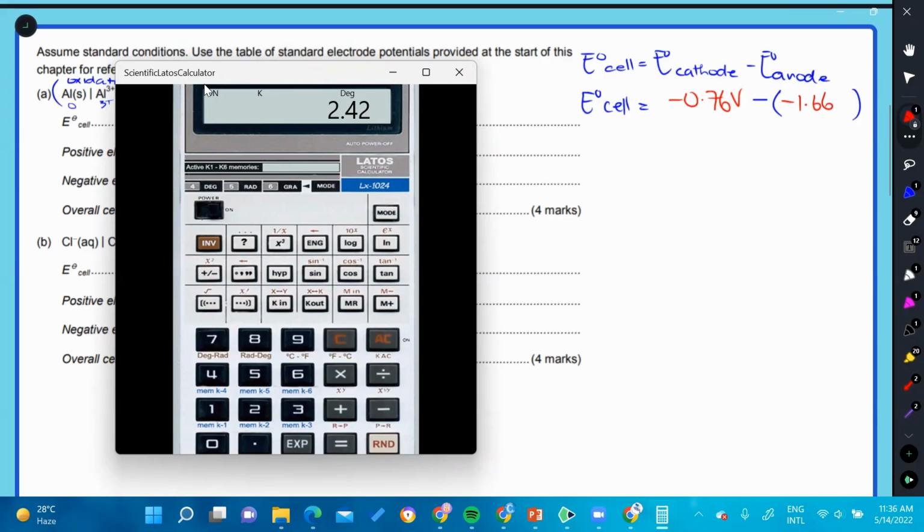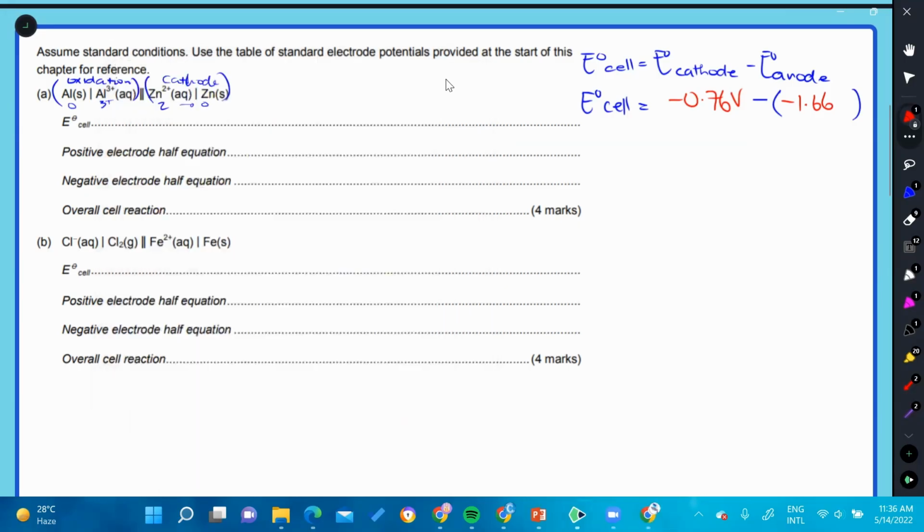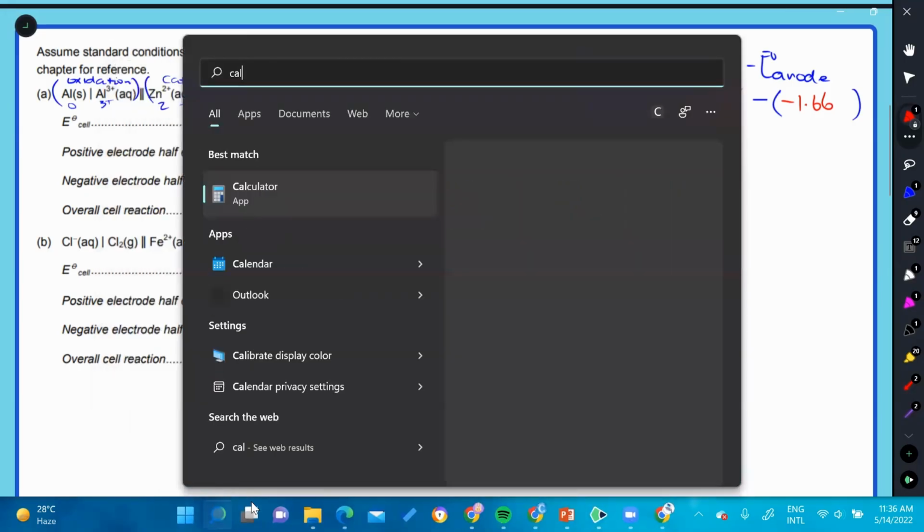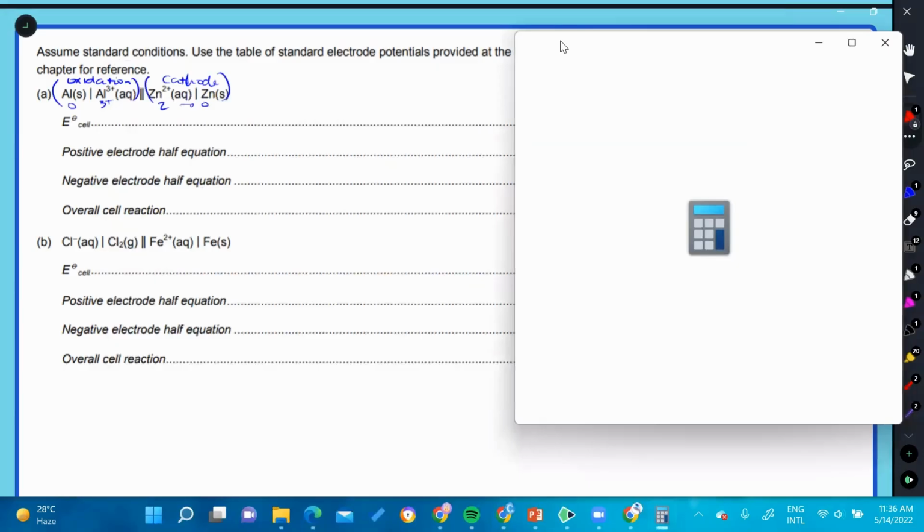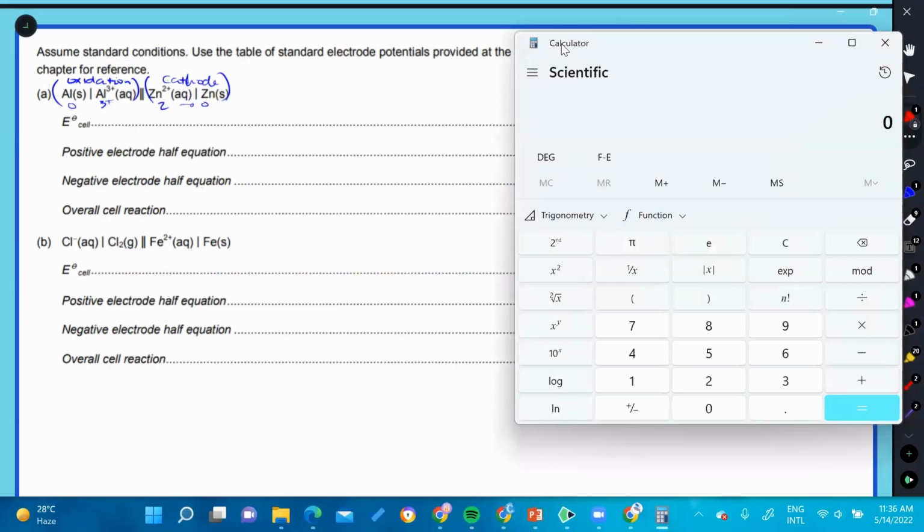So minus 0.76 minus 1.66. Yeah, that wasn't correct. It's 0.9. I think it's the way I put it into this calculator. Let's try again. Minus 0.76 minus, open bracket, minus 1.66, close bracket, equal. Yeah, that's not how you put that in. Let me try another calculator on screen. The regular old calculator.